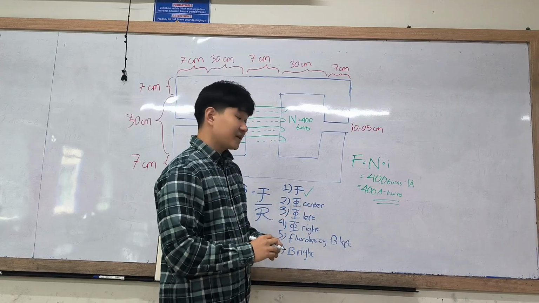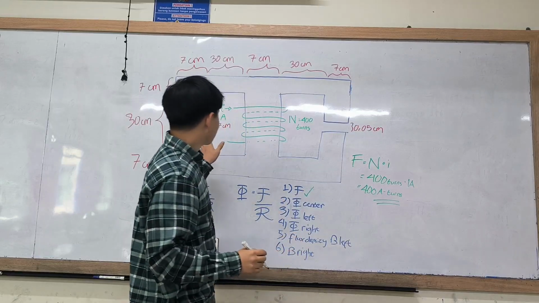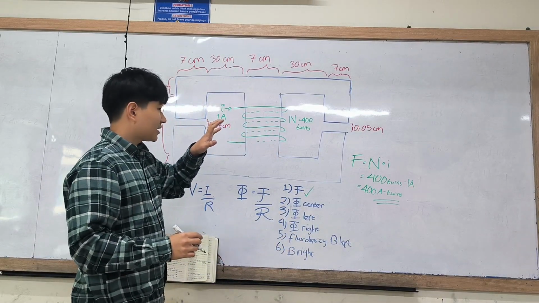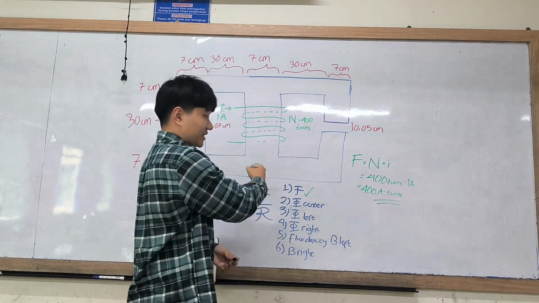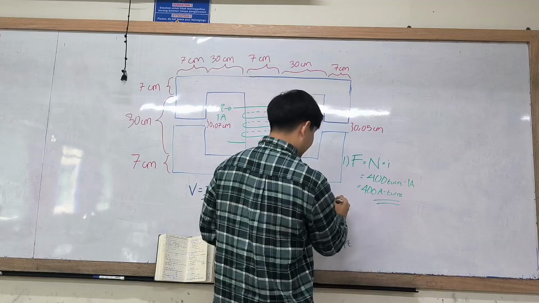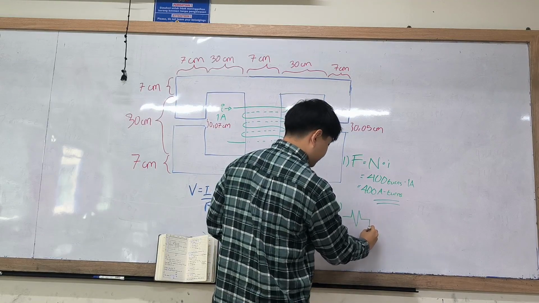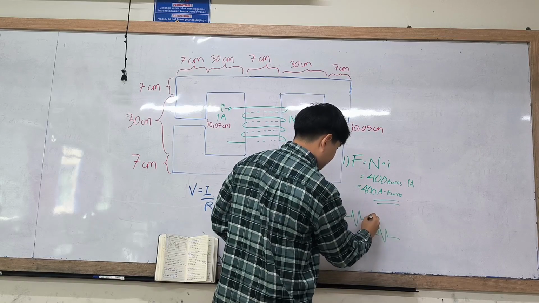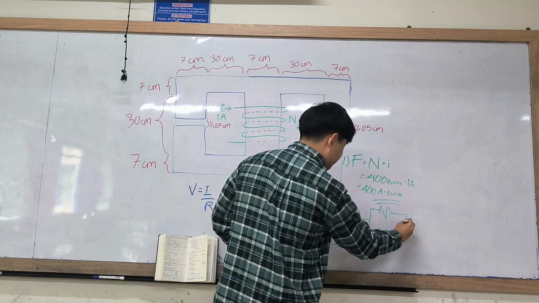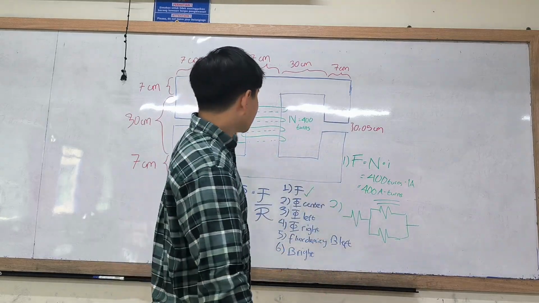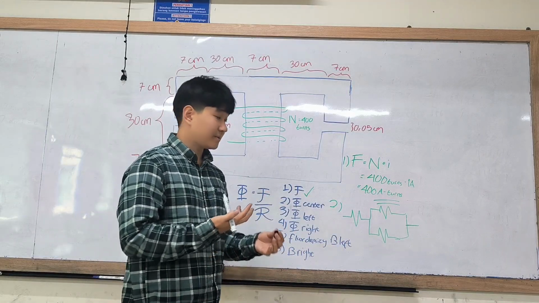The next question is to find the magnetic flux of the center branch. This is actually a parallel circuit. If I have to redraw this entire thing in another image, it would look like this. This is basically what this entire magnetic circuit looks like in a simplified manner.